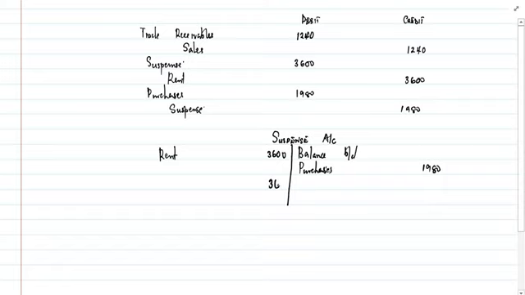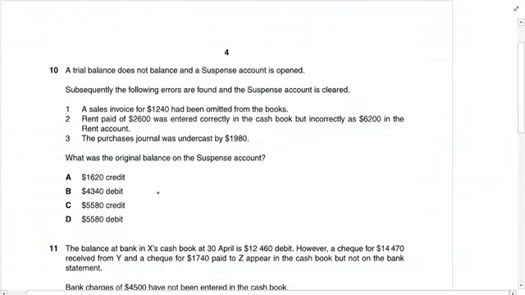So 3,600 minus 1,980, we get 1,620 on the credit. So we look at our answers. 1,620 on the credit. There is the answer on A.